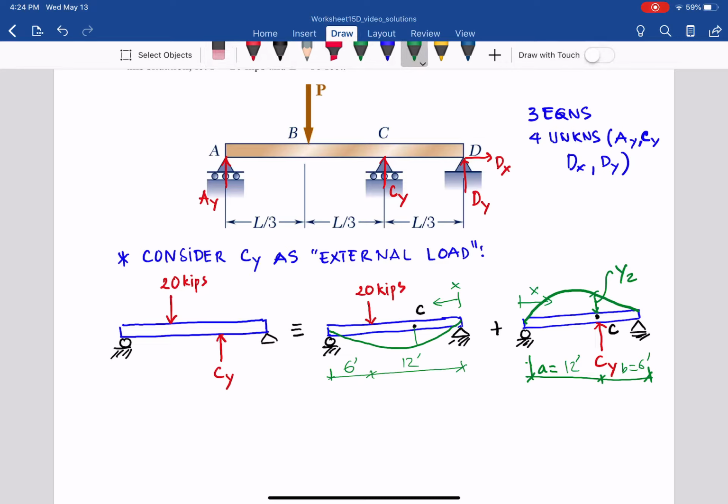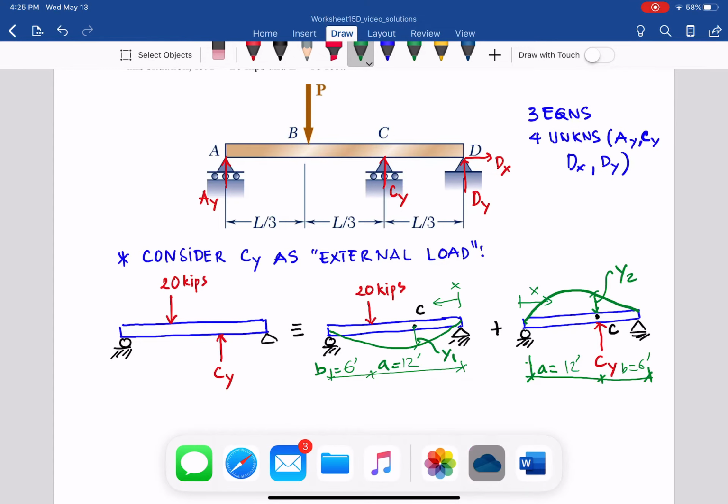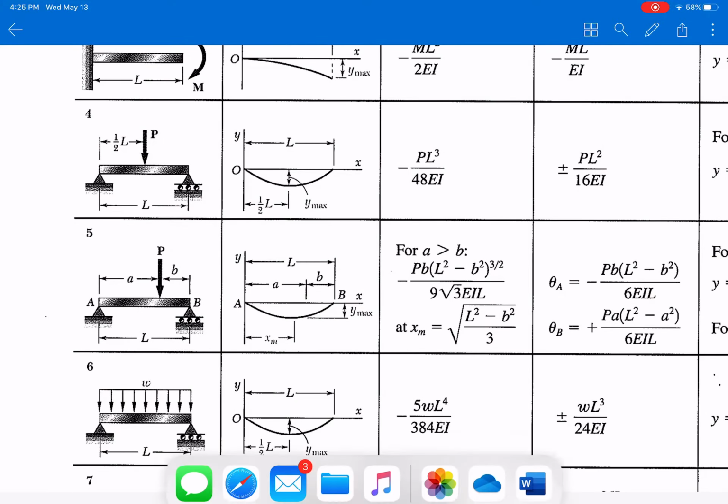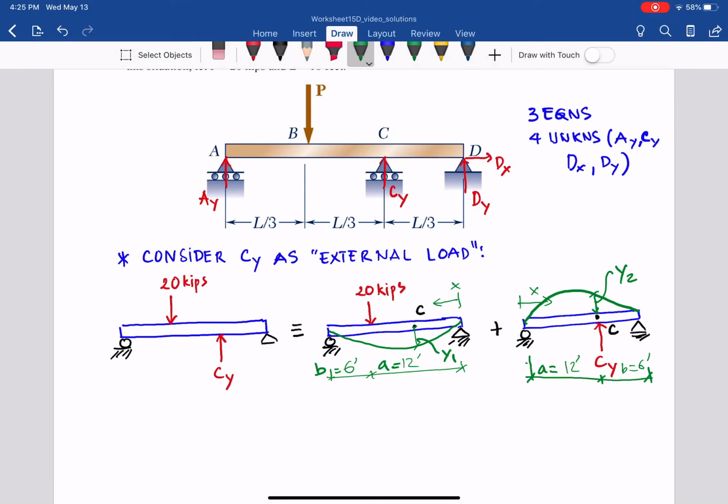I call this deflection Y1. If we start from the right, as you can see in that equation, this becomes A and this becomes B, from right to left, from Figure 5. So bottom line, we can use Figure 5 in two different ways.